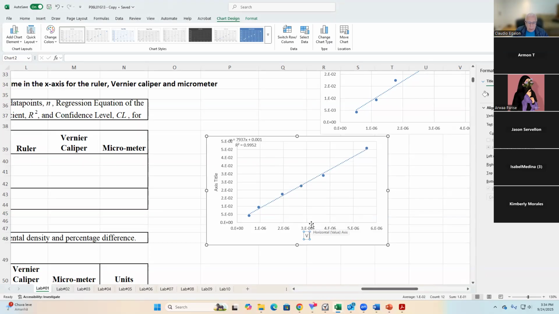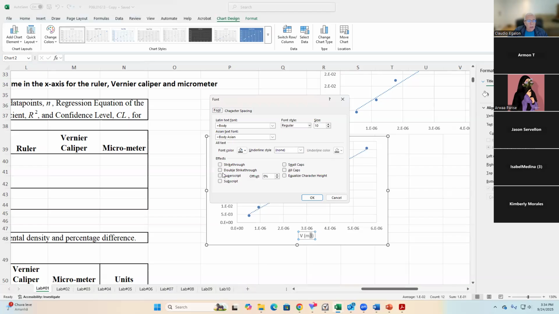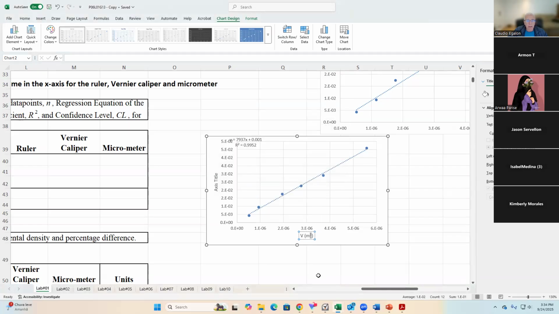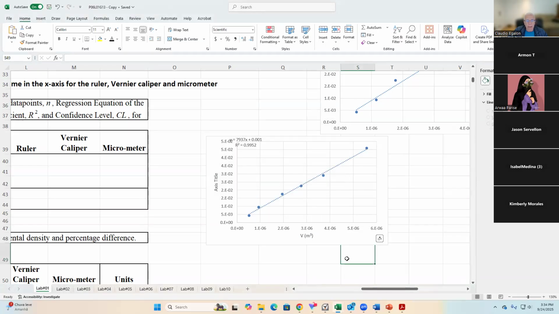So you type V and you put m cubed. Since the cube must be superscript, you can highlight the number 3, right click it, font, superscript. And now you have your volume nicely displayed with the proper unit, which is the cubic meter.